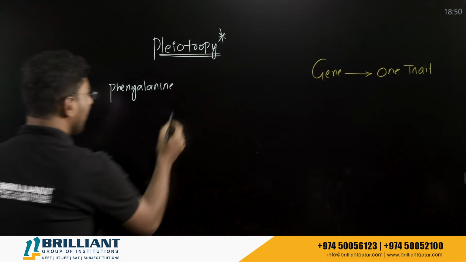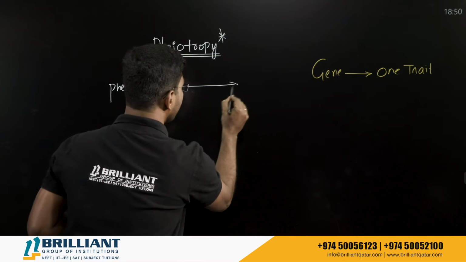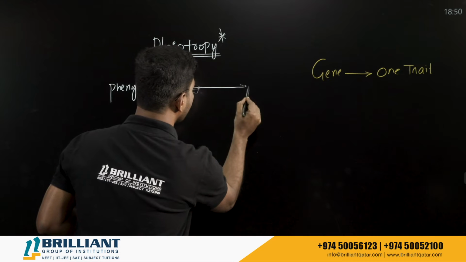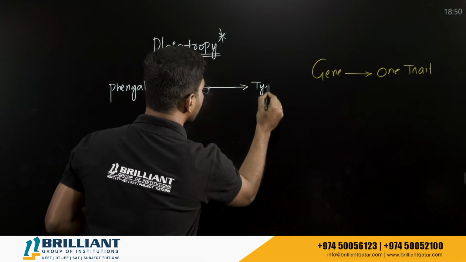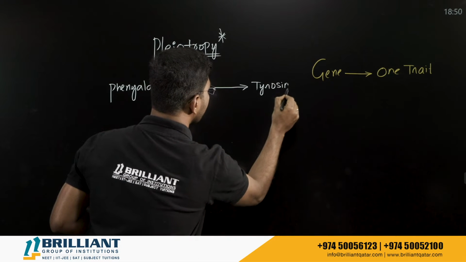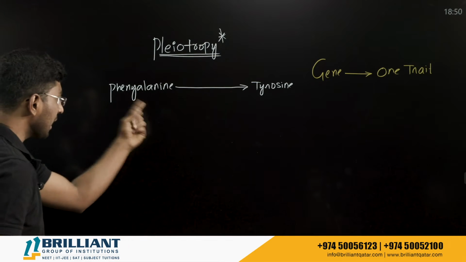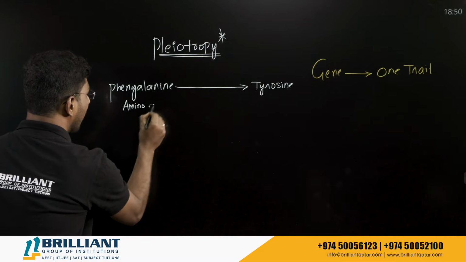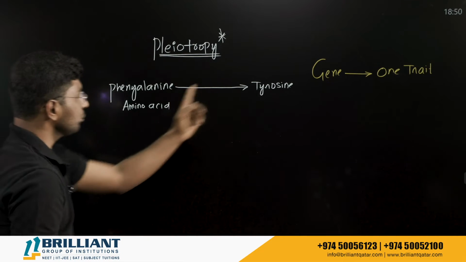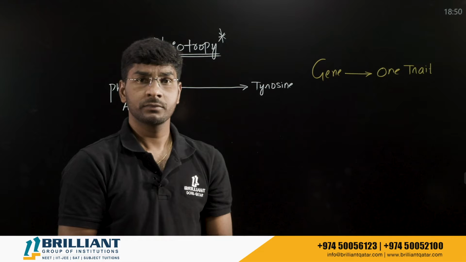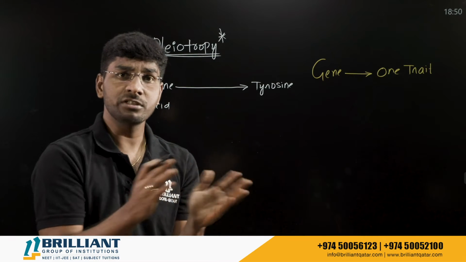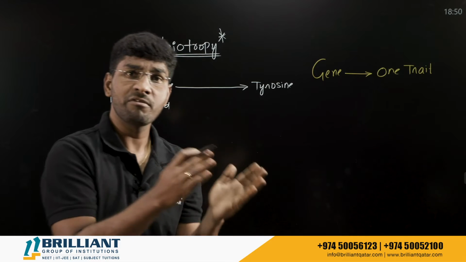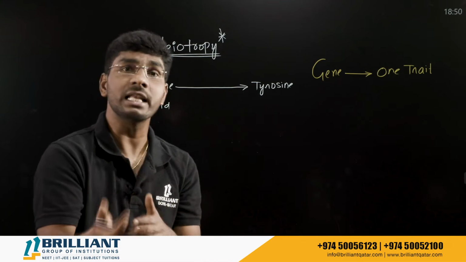So this phenylalanine amino acid converts into tyrosine amino acid. For this reaction, we need an enzyme. The enzyme name is phenylalanine hydroxylase enzyme.